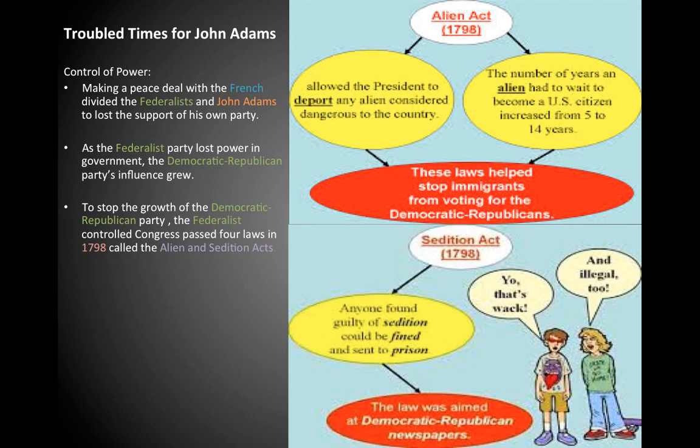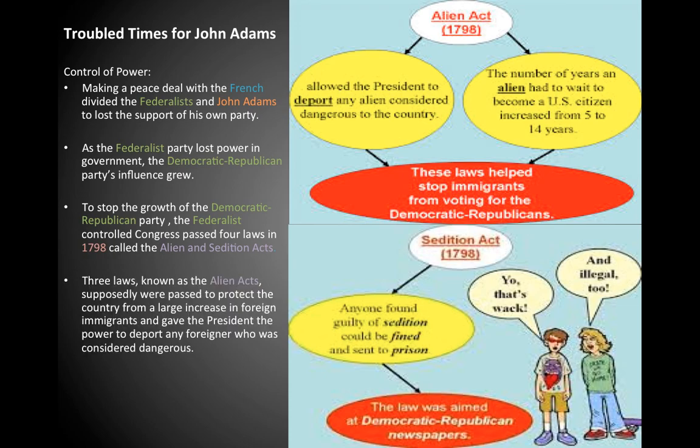And they passed in 1798 in the Congress the Alien and Sedition Acts. Three of the laws are known as the Alien Acts. The Alien Acts were passed to supposedly protect the United States from foreign immigrants that were considered threats or considered dangerous.